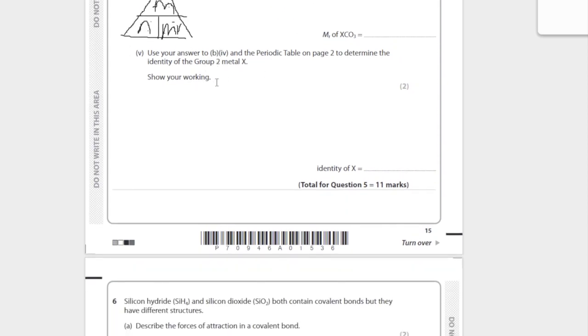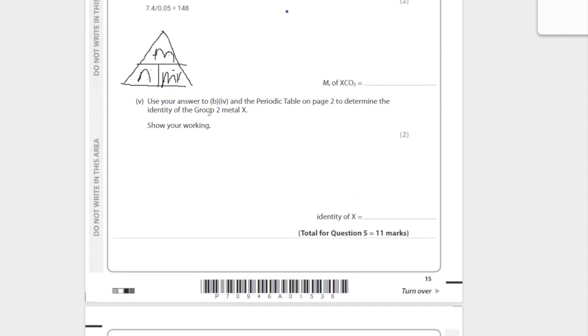Using your answer and the periodic table, determine the identity of group 2 metal X. We don't know what X is, but we know what CO3 is. 148 is the total molar mass, equal to the sum of the elements: X plus C plus O3.